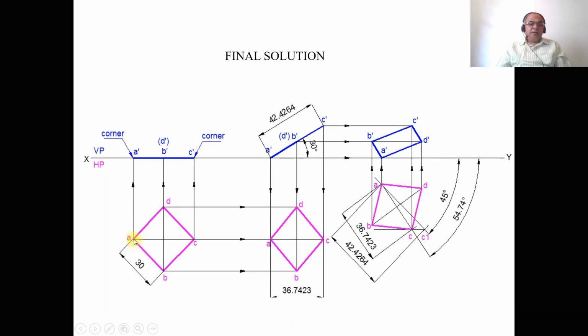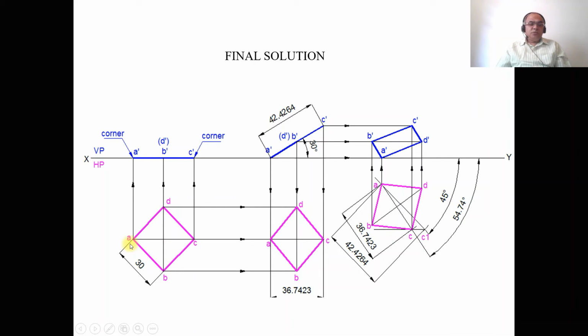Then from A, you draw a vertical projector to the XY line, and from B and D, and also from C, draw a vertical thin projector line to the XY line, and you mark these points as A dash, B dash, C dash, and then D dash in bracket.